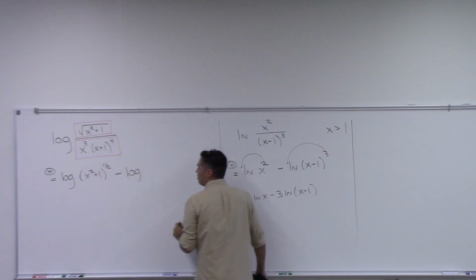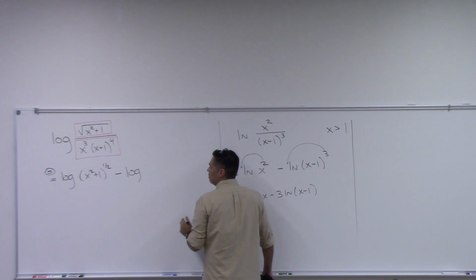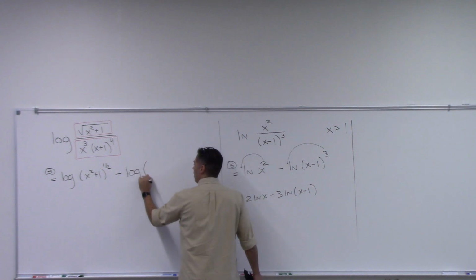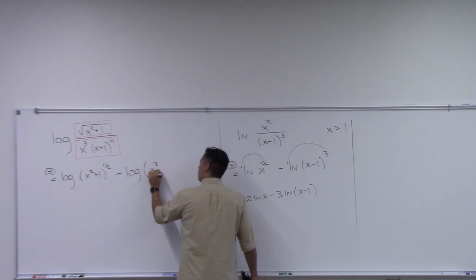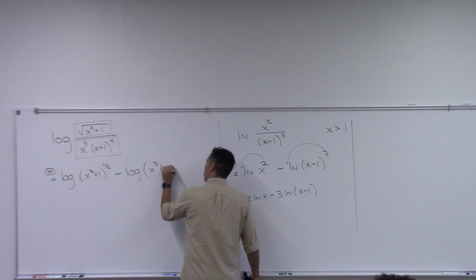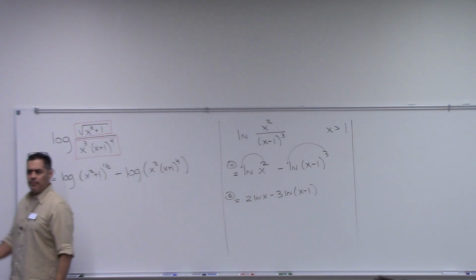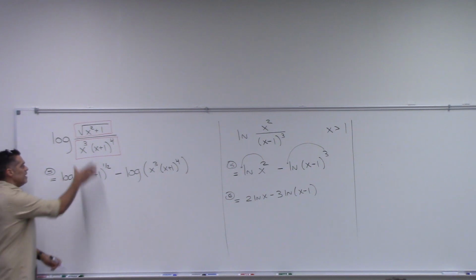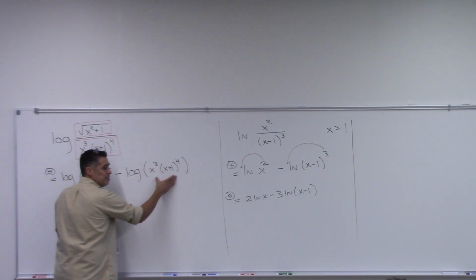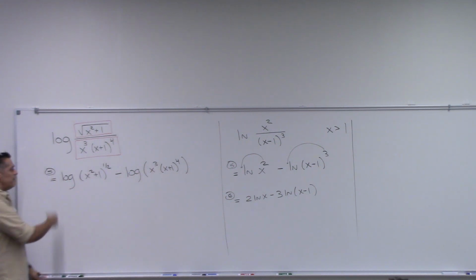And what's inside this log? The entire denominator, right? So watch the way I write that. I'm going to do x cubed and then x plus 1 to the 4th. See how I wrote that? I took the entire denominator and I put it in this new log. That's property 5.